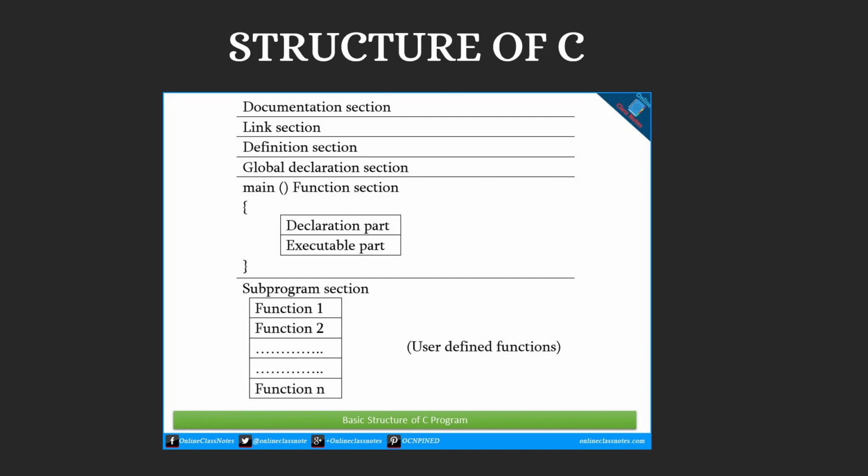The main function consists of two subdivisions: declaration and execution part. Then comes the subprogram section, the last one, which contains all the user-defined functions to be called by the main function. Generally, user-defined functions are placed immediately after the main function.